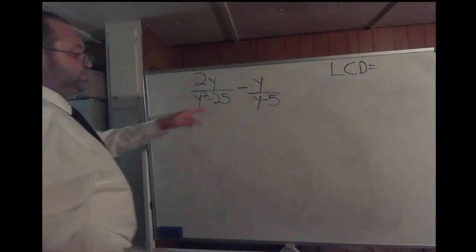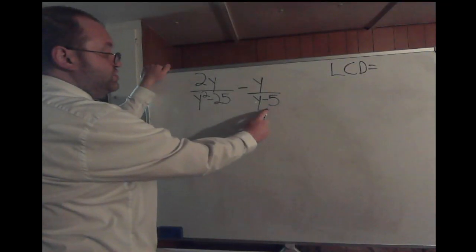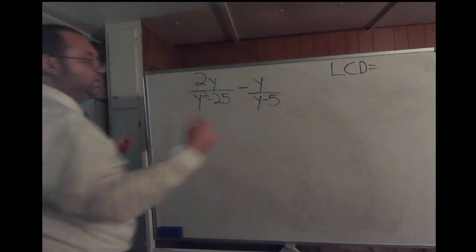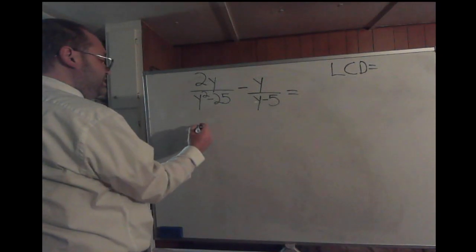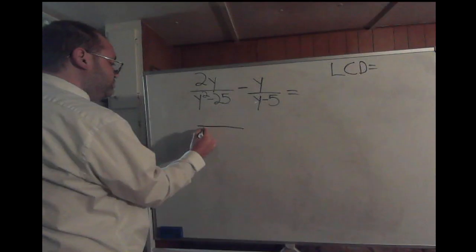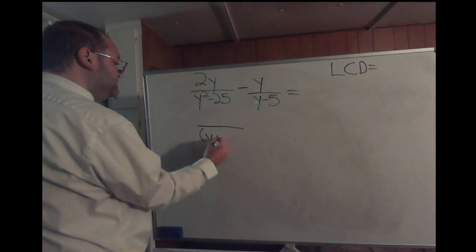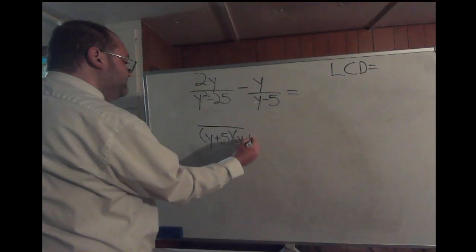Well, we have two different denominators again. You have y squared minus 25 and just y minus 5. Well, isn't it true that y minus 5 is a factor of y squared minus 25? Let's go ahead and factor y squared minus 25. You would get y plus 5 times the quantity of y minus 5.